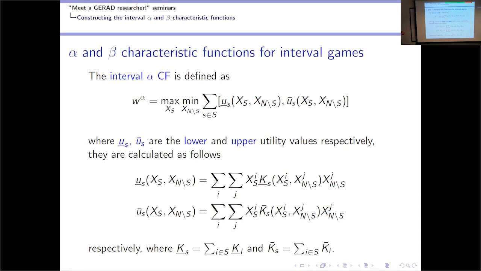So here is the definition, and it is shown as W alpha, and here the utility is the payoff function, which is U_S. This is the lower bound of U_S, and this is the upper bound of U_S, and they are calculated as follows. This is how we can calculate the expected payoff in the classical case. So you can follow.